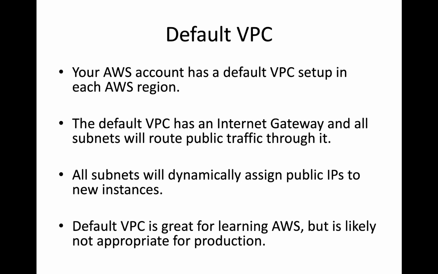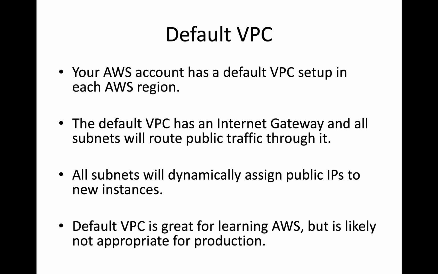And that's there just for convenience purposes. It allows you, especially as a new AWS customer, to quickly spin up new EC2 instances without having to really understand how VPCs work. And each default VPC has an internet gateway set up, and it has a set of subnets that will route the public traffic through the internet gateway.